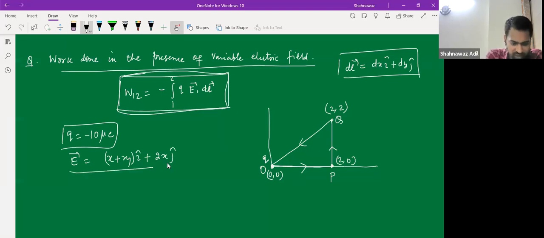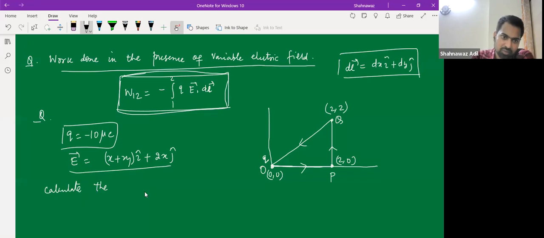So what kind of electric field is this? Uniform or variable? Variable, right? So x is the variable, right? Your electric field is dependent upon two variables, x and y.